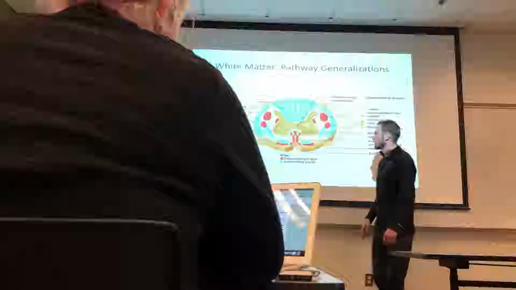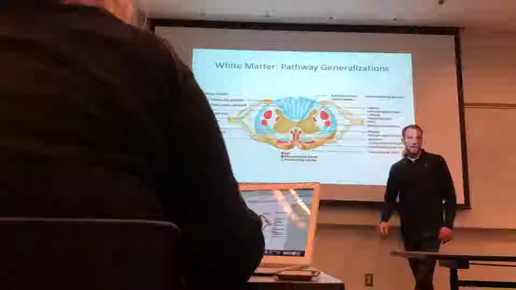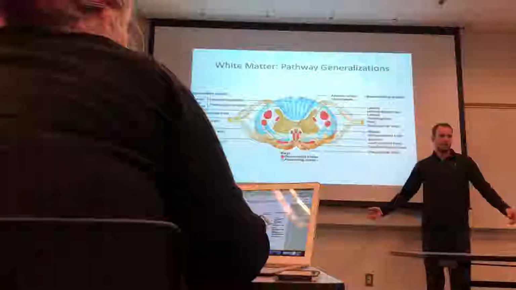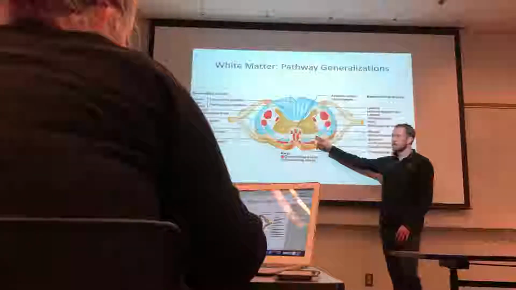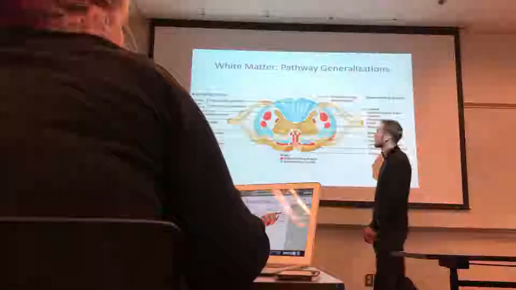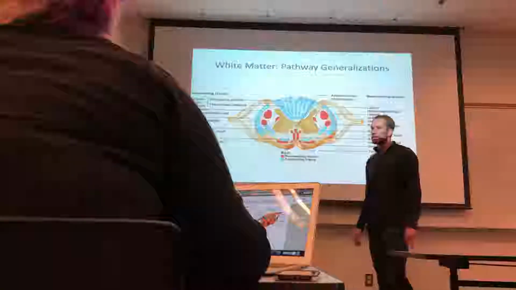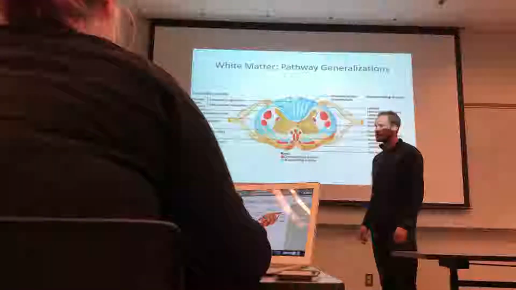What's the opening in the middle of that gray matter? Central canal, yeah, and there's some CSF, cerebrospinal fluid, in that canal. Okay, so that's gray matter. Do the commissures go across the whole thing or just the gray?